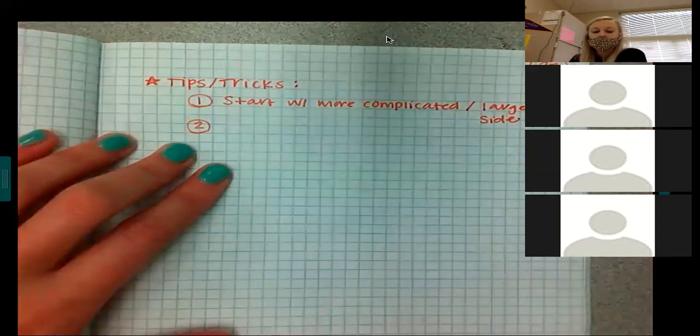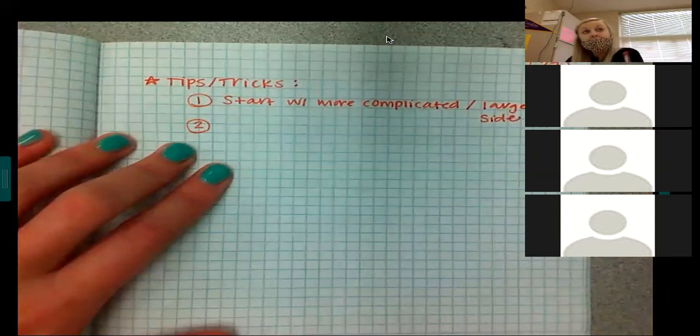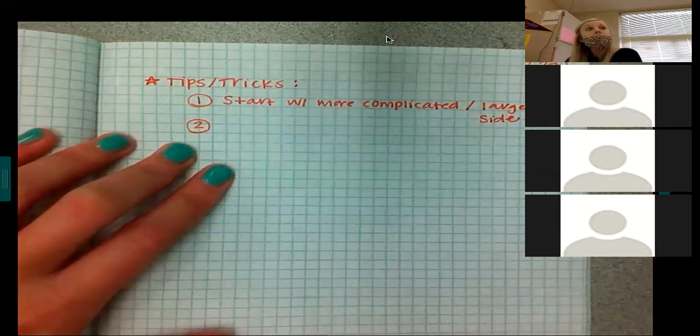The second trick is what you asked me this morning. If you see sines and cosines anywhere in it, then we're going to try to rewrite the other terms as sines and cosines, okay?